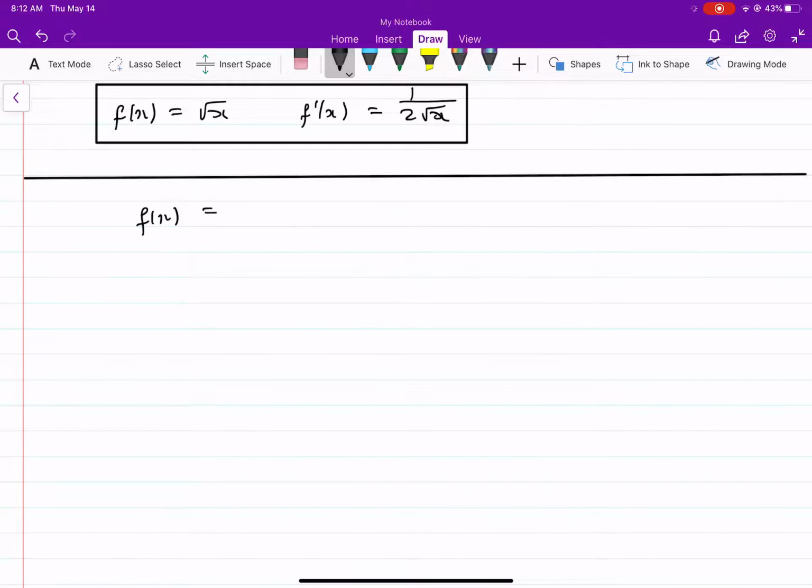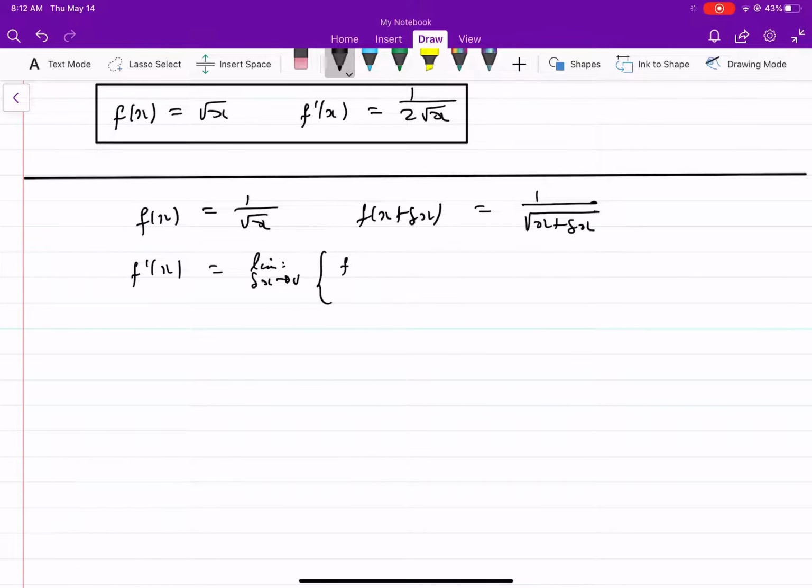F of x is 1 upon root x. F of x plus delta x will be 1 upon the root of x plus delta x. We know that f prime of x will be the limit as delta x approaches 0 of f of x plus delta x minus f of x all upon delta x, by definition.